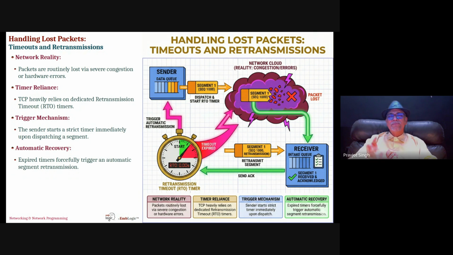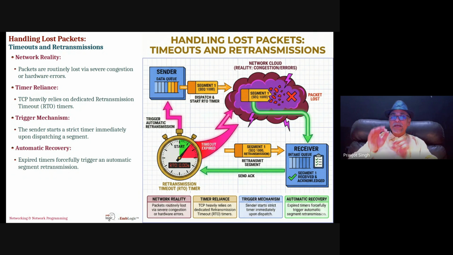This is due to network congestion, traffic, fragmentation, defragmentation, hardware routing failures, hardware malfunctions, or random transmission errors due to interference.